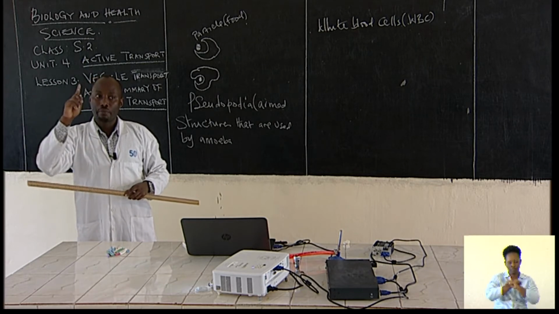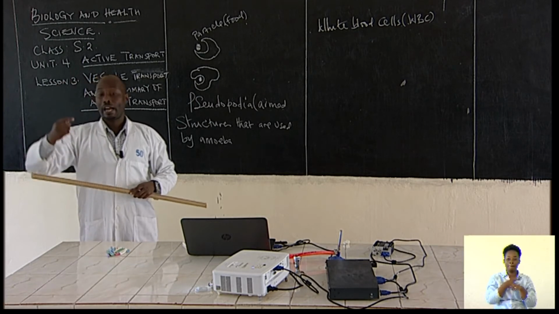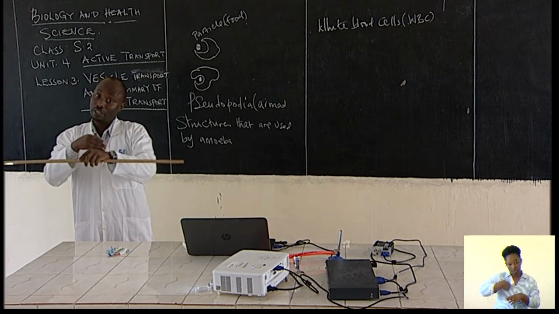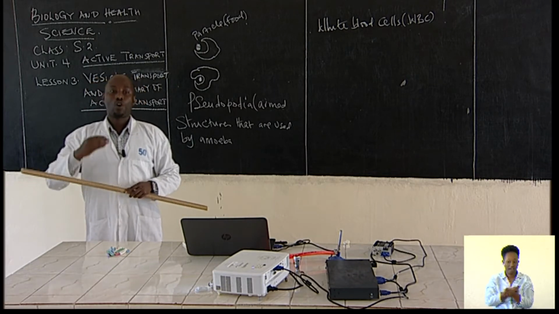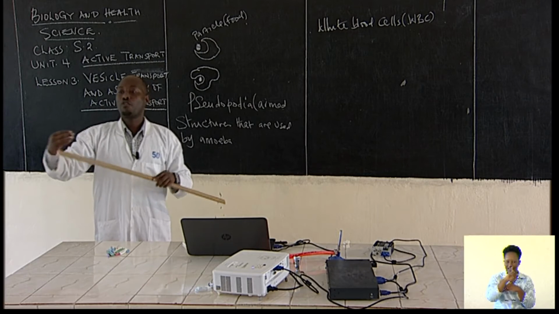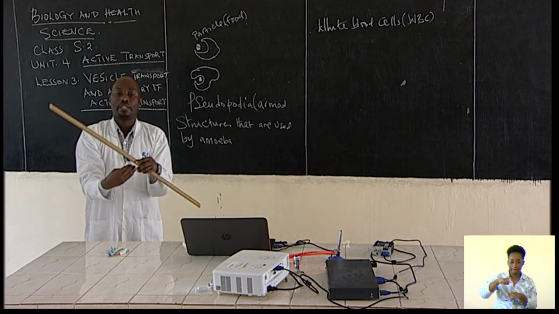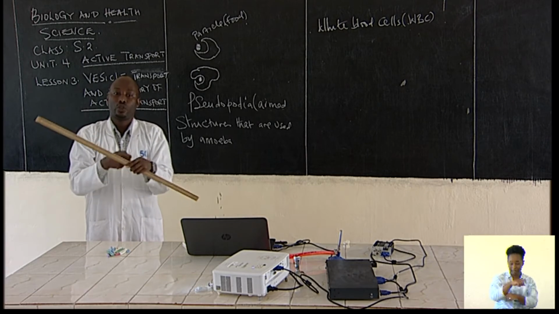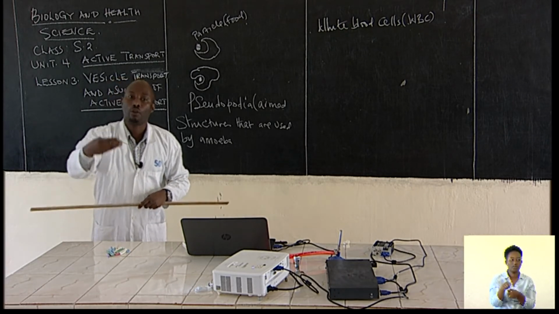But student, you remember that we have lines of defense. We have the skin, which acts as a line of defense, but the white blood cells also act as a line of defense by engulfing and surrounding microbes, and after surrounding, they destroy them with enzymes, and now you become okay from the disease.